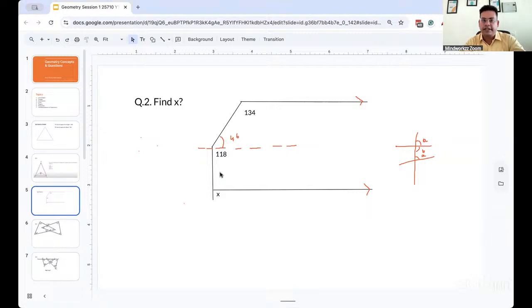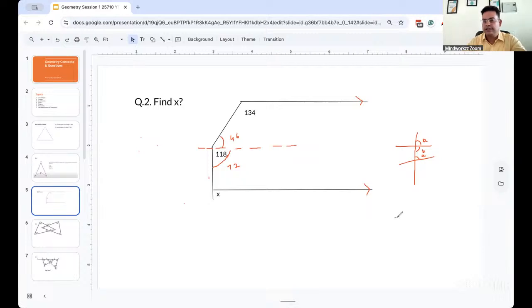So this is 46. Now this would be what? 180 minus 46, because we have already found the first angle as 46. So this will be 72. 180 minus 46, and now this angle and x are corresponding angles.